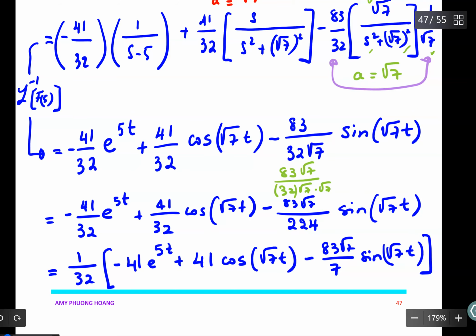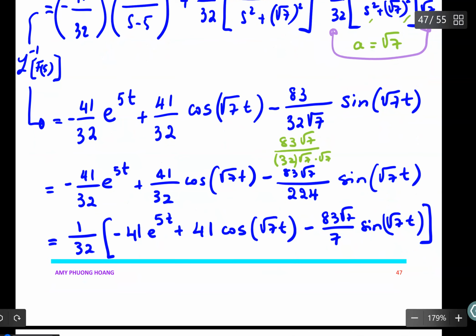So let's double check our answer. I should have negative 41 over 32 e to the exponent 5t, plus 41 over 32 cos of root 7t, and this one, rationalizing the denominator, multiplied by sine of root 7t.